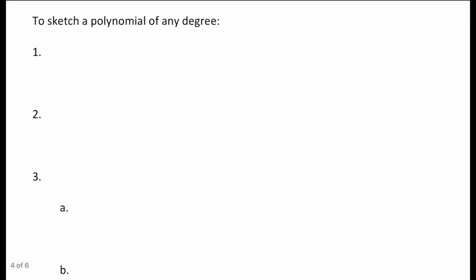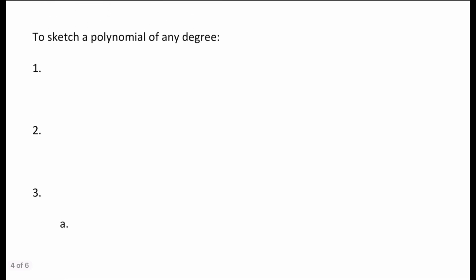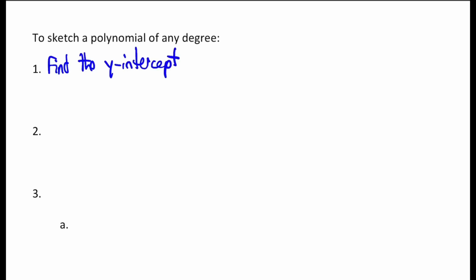All right, how are we going to sketch these? This is a little bit detailed here, so I really need you guys to pay attention. First, we're going to find the y-intercept. All right, now depending on how the equation is written, it's going to be the constant at the end.